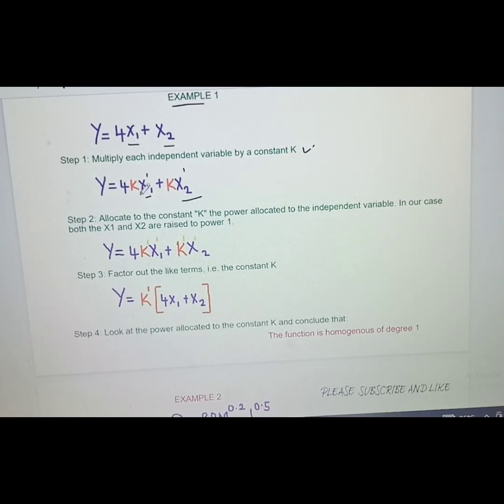So we also allocate to the constant k the power that is allocated to the independent variable. So you have y is equal to 4k raised to power 1 and x1, which is also raised to power 1, plus k raised to power 1 and x2 raised to power 1.